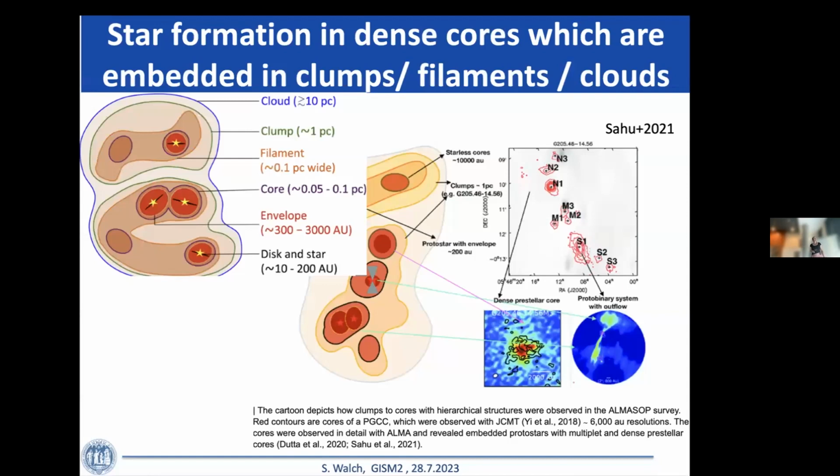Right. And in order to look at what prestellar cores look like, we can nowadays study molecular clouds in a lot of detail. So the current view is that we have the molecular cloud, which is overall already very rich in substructure. It has filamentary substructure.